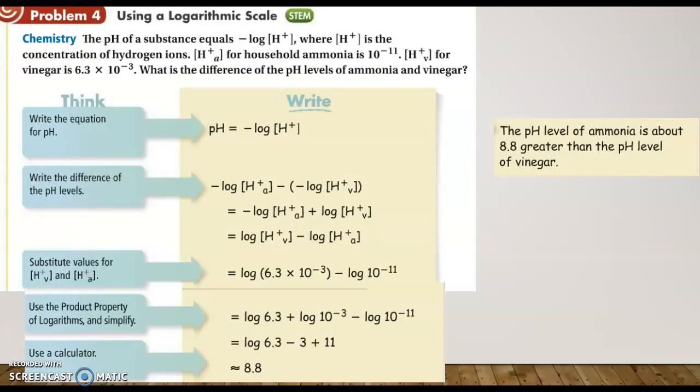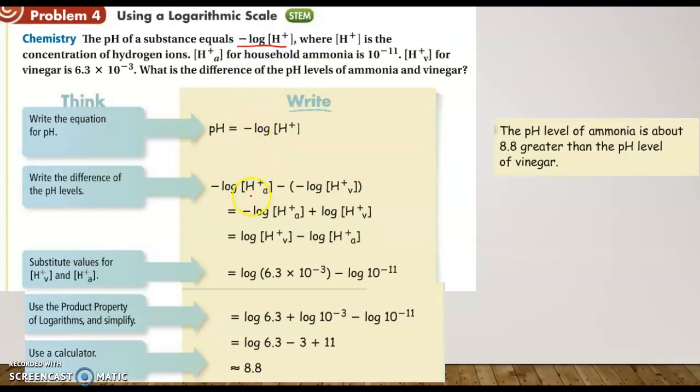All right. The pH of a substance equals negative log of H positive, where H positive is the concentration of hydrogen ions. For household ammonia, H positive is 10 to the negative 11th. For vinegar, it is 6.3 times 10 to the third. What is the difference of pH levels of ammonia and vinegar? So pH, they told us, was negative log H positive.